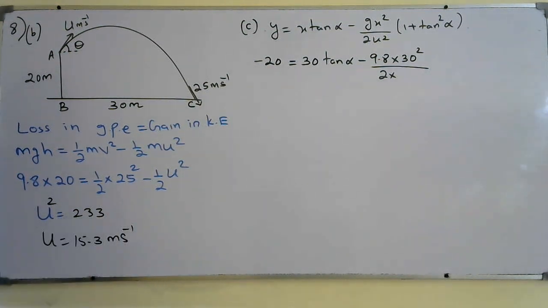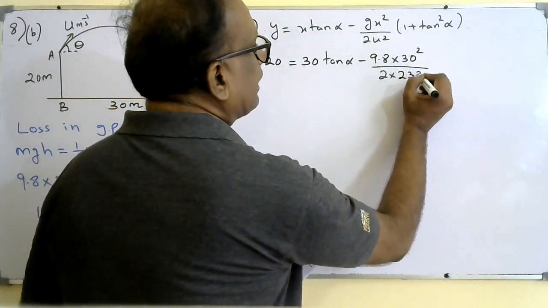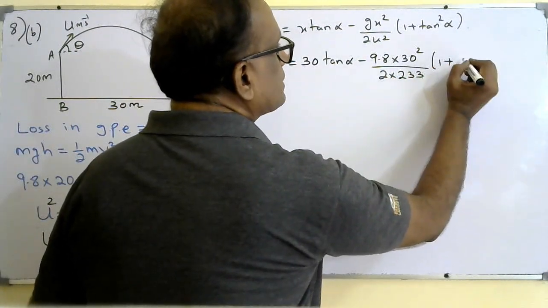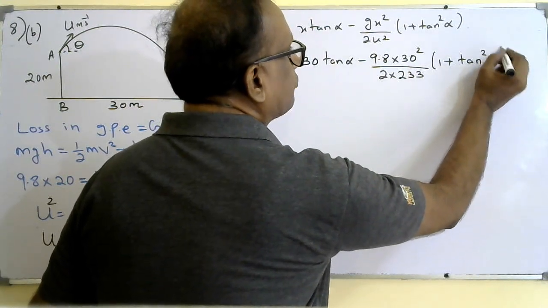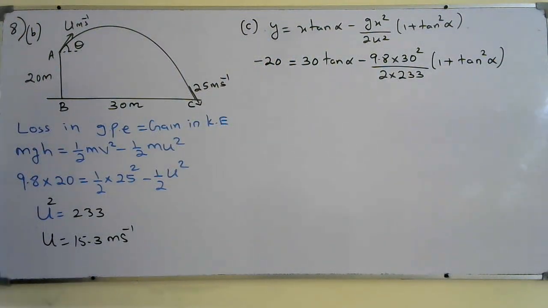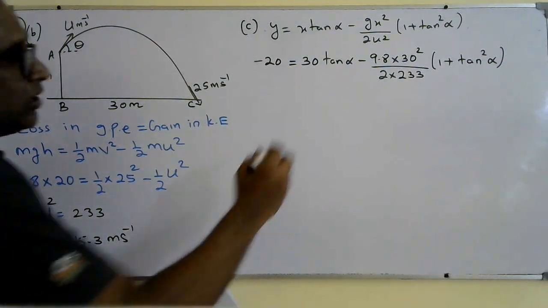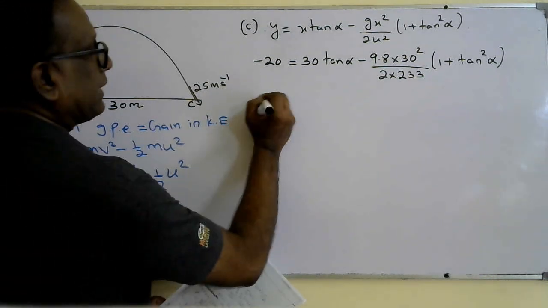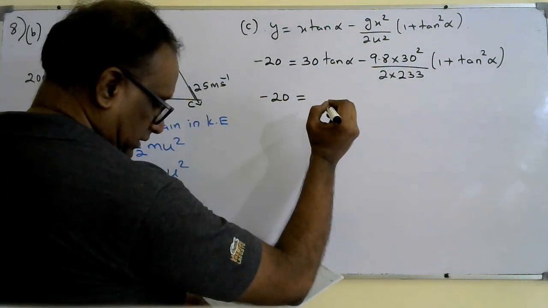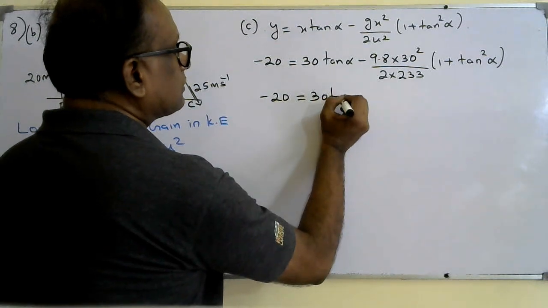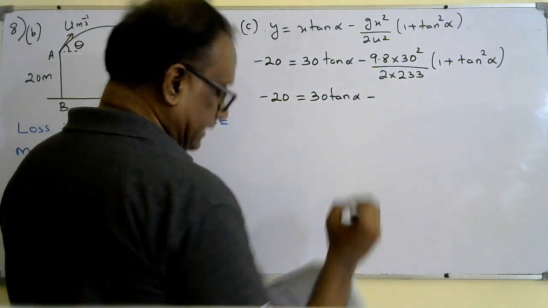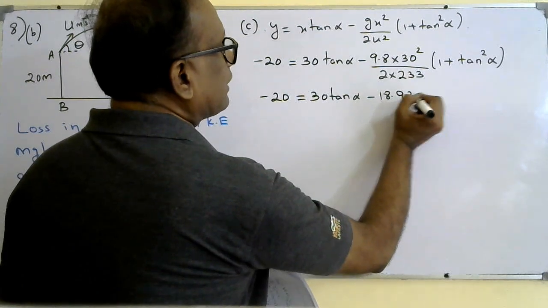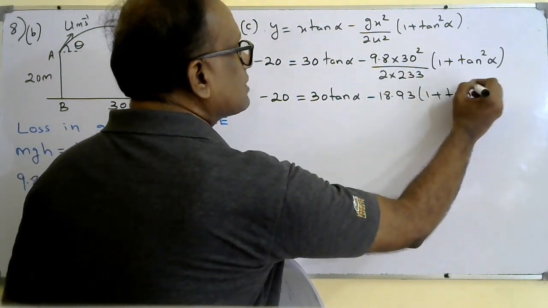So u squared is 233, and we put it in, into (1 + tan squared alpha). We'll solve it. You will get a quadratic equation; cross multiply everything. If you solve this, you will get 18.93. So that is minus 20 equal to 30 tan alpha minus 18.93 into (1 + tan squared alpha).